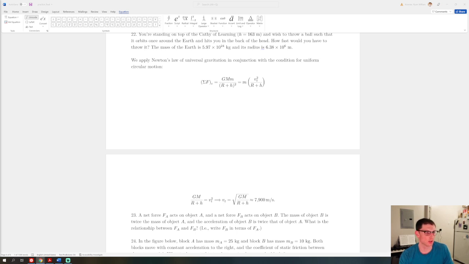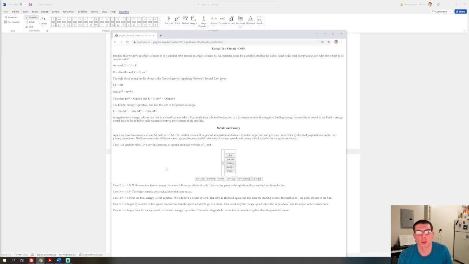Okay, energy in a circular orbit. So what they're doing here is basically saying the gravitational force equals mv squared over r. Oh, we could do this here actually.